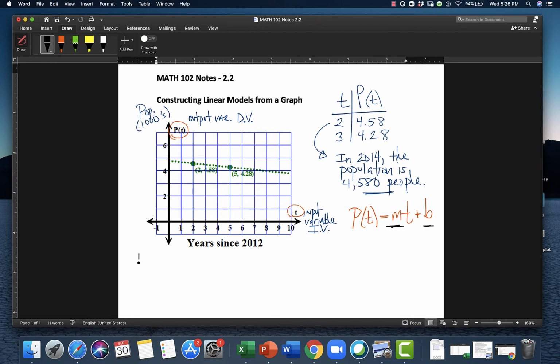Let's first find m. To find m, we're going to use the slope formula given these 2 data points. So m, which is the slope, is the constant rate of change. And we talked about this.